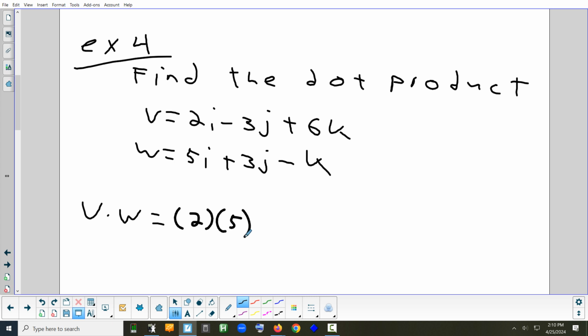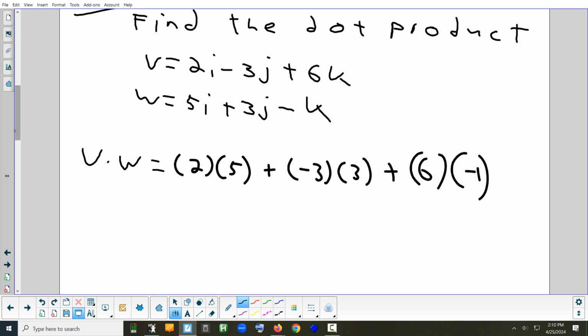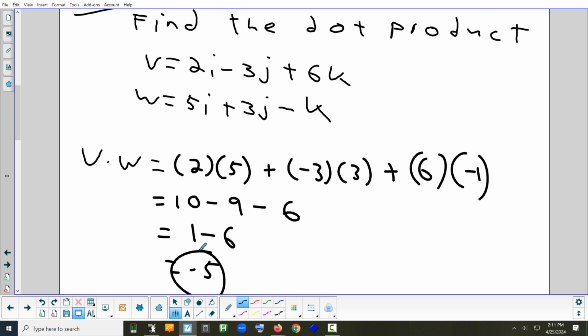What's the next thing we multiply together? Plus negative 3 times 3. Yep. And we need one more part: plus 6 times negative 1. So do that out, and that's your dot product. 10 minus 9 minus 6. So the dot product is negative 5.